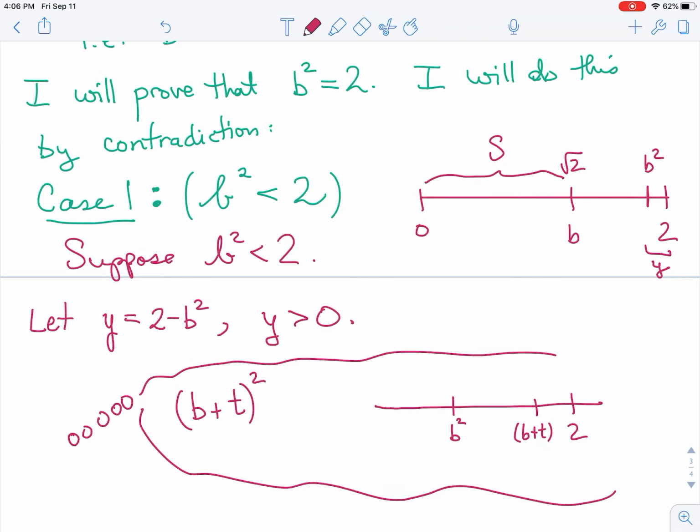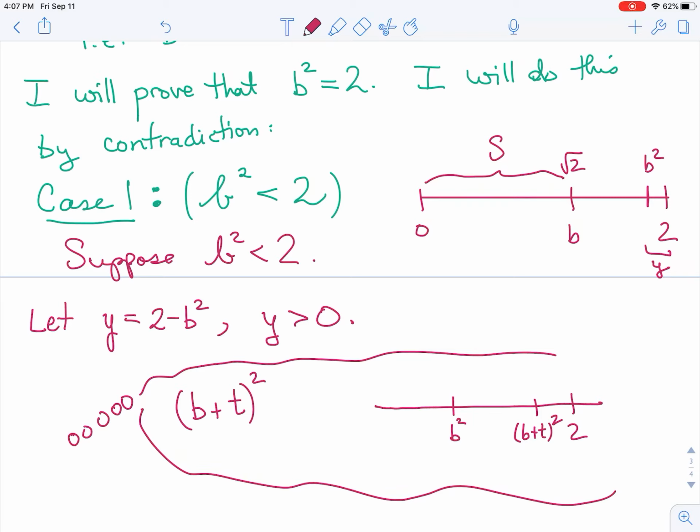And if I square that, it would still be to the left of 2. That gels with my intuition. If b squared is to the left of 2, if I add the tiniest little thing, it should still be smaller than 2. And now is a good place, I would say, to pause the video, go back and review and think about how this might help us. I'm deciding not to say that in a minute, but I'll let you think about that.